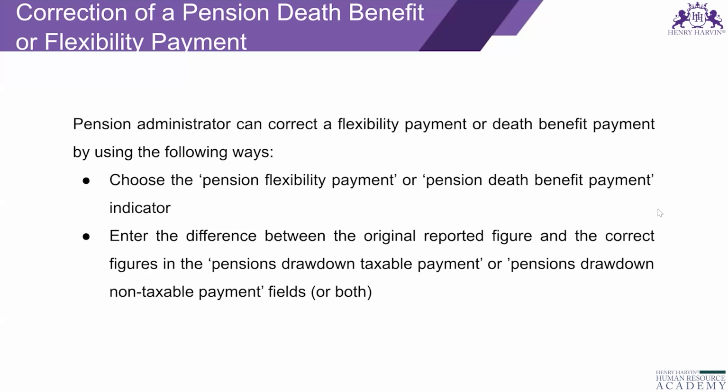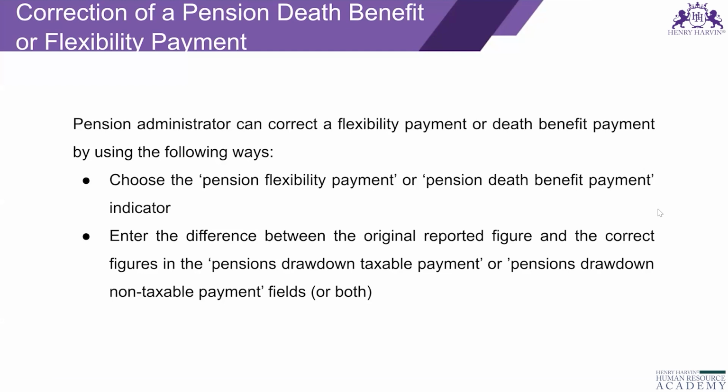This is when you are paying the pension amount to the employee. It could be due to death or it could be a flexible payment, so you have to report it accordingly. So enter the difference between the original reported figure, if you have made a mistake, and the corrected figures. In both the pension drawdown taxable payment and non-taxable payment fields you have to make the correction.